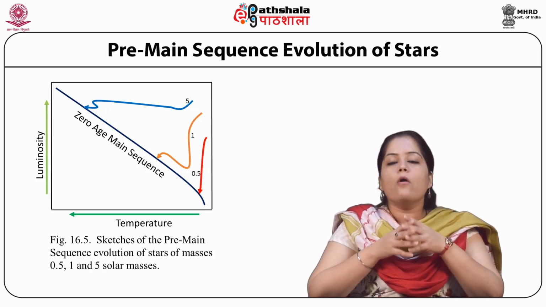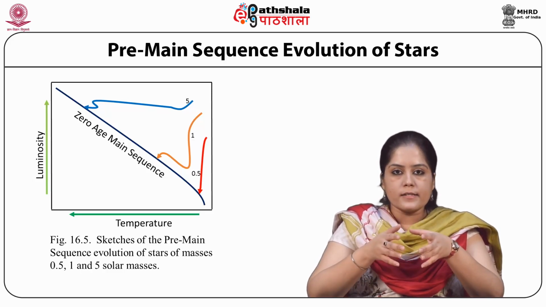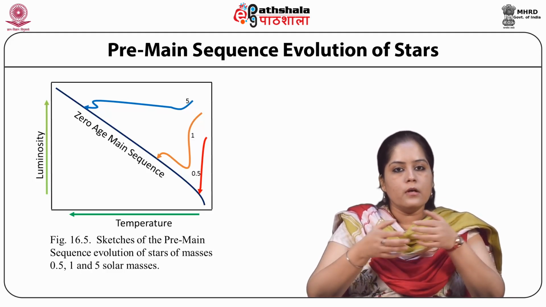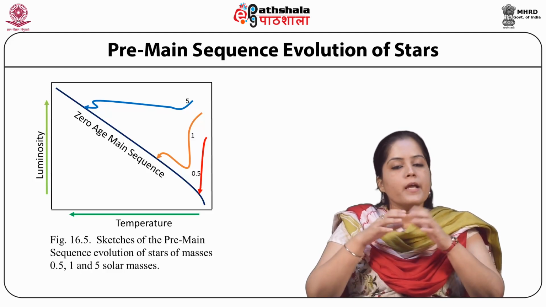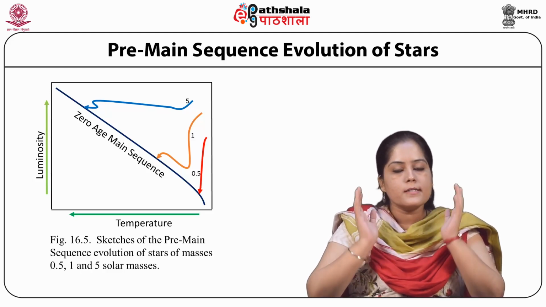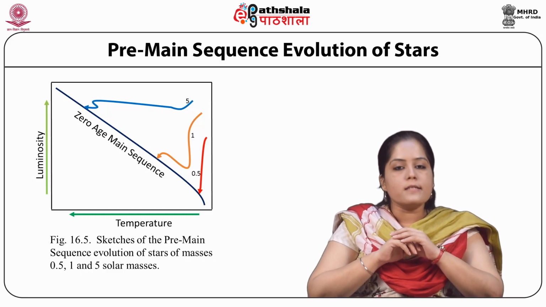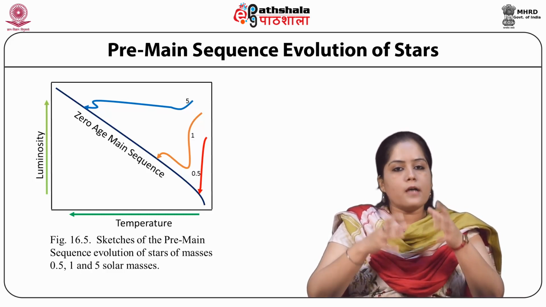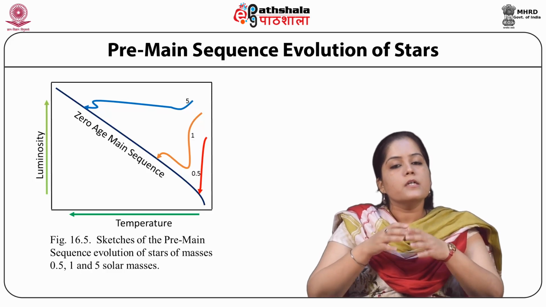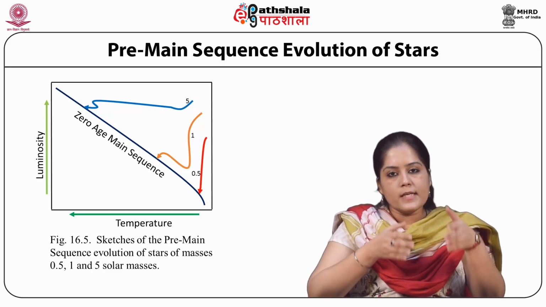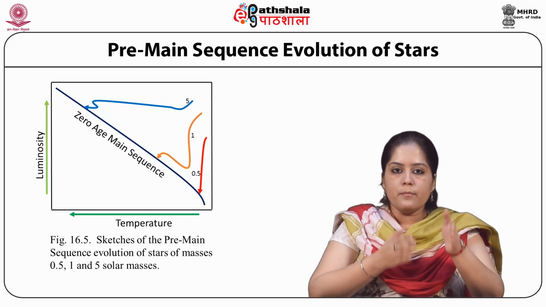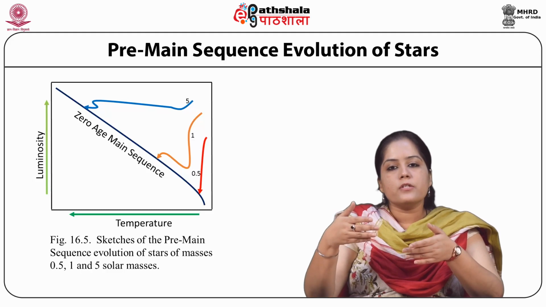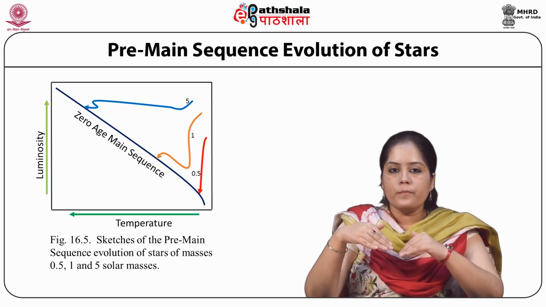Each piece, or protostar, contracts because of the mutual gravitational pull of its particles and eventually becomes a star. As a protostar contracts to form a star, it appears to the left of the main sequence as a pre-main sequence star. Its initial temperature is quite low.